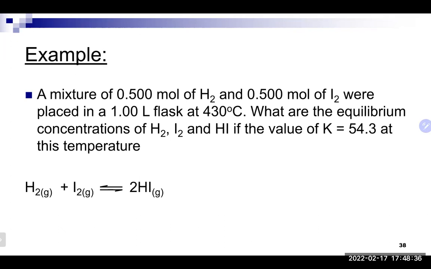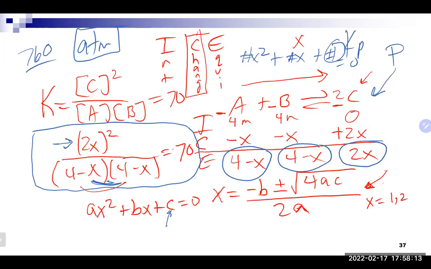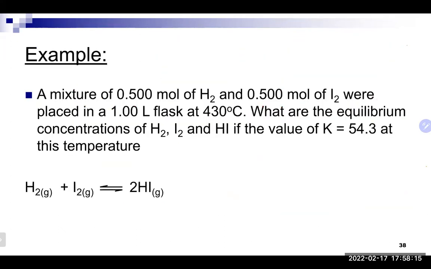Again, you should obviously be starting with an ice table. We're looking for equilibrium concentrations, so that's just going to ice tables. In this particular case, we're not given the concentrations, but they're pretty straightforward.